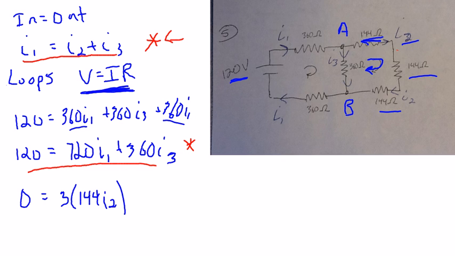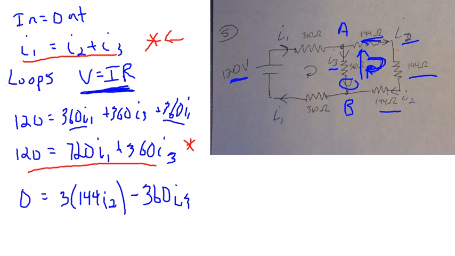And then notice as I'm going counterclockwise here, I'm going up this 360 for the I3, but I'm going against that current right there. So what I need to do is make it a minus. So I make it minus 360 I3.